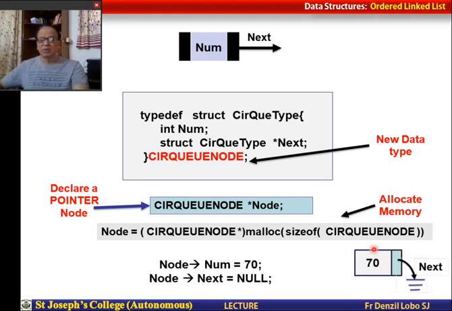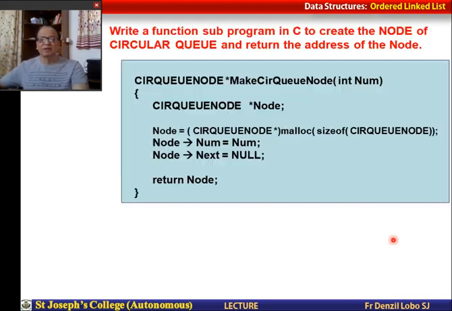This is very similar to the other nodes, list nodes, etc., that we have created. Then we have the function make circular queue node out of a number. Again we allocate memory here, assign that number to the node's number, and return, this is very important, the address of this node which we have created.